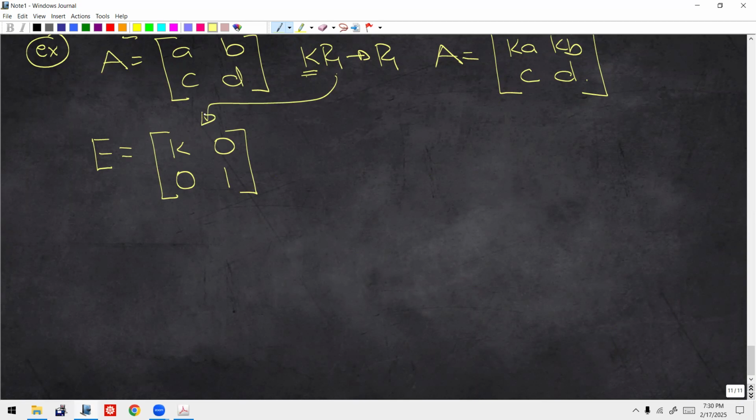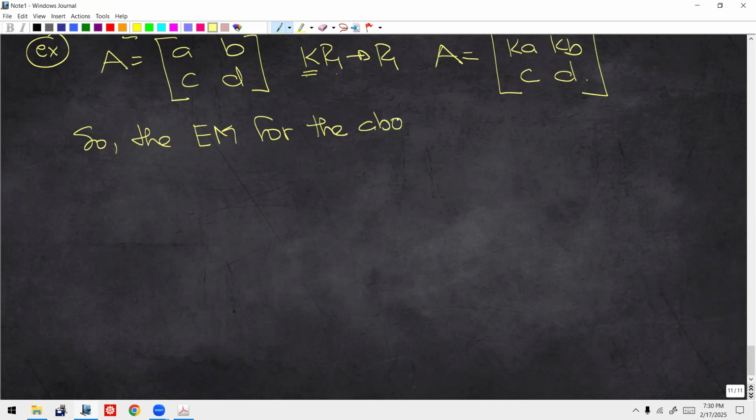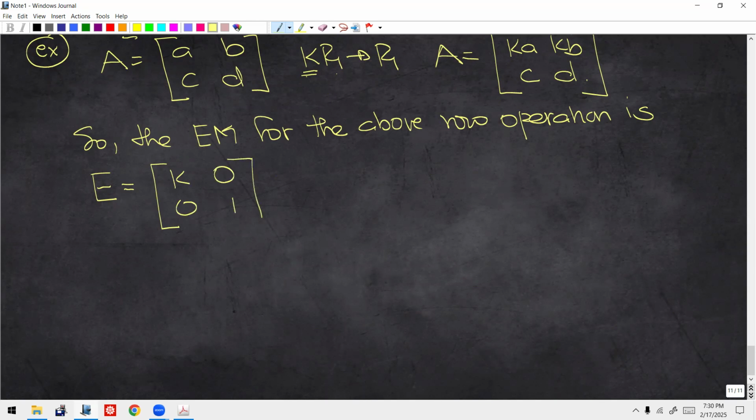So now, let me write it down with better words. The elementary matrix for the above row operation is E equal to [K, 0; 0, 1].